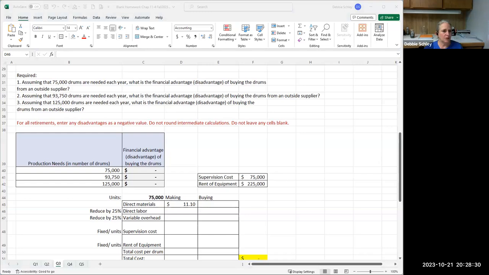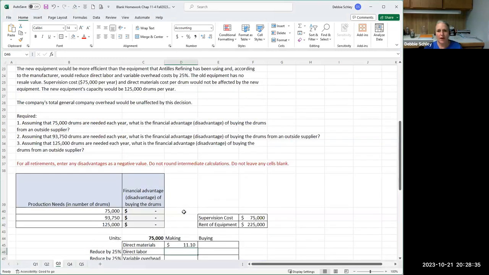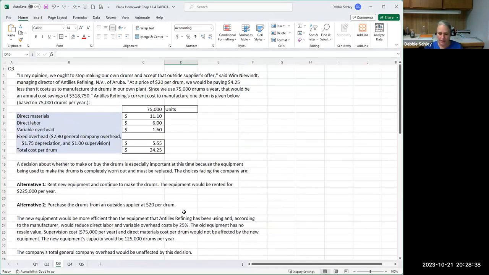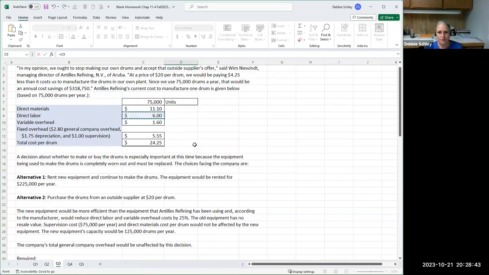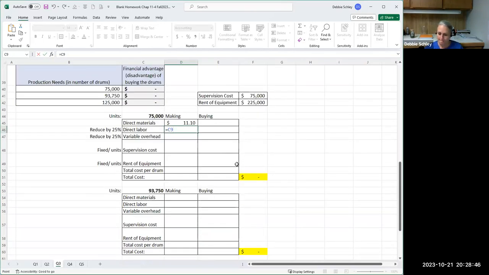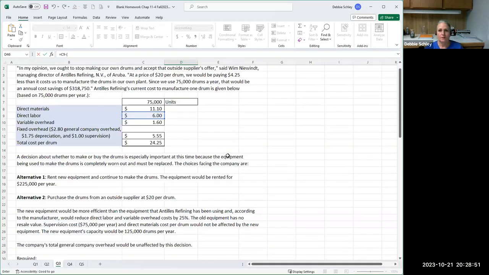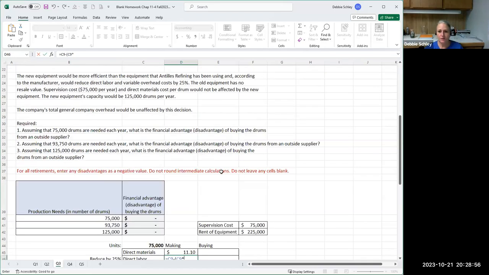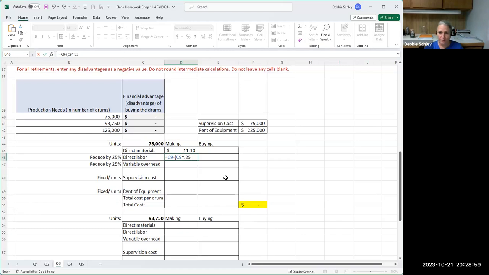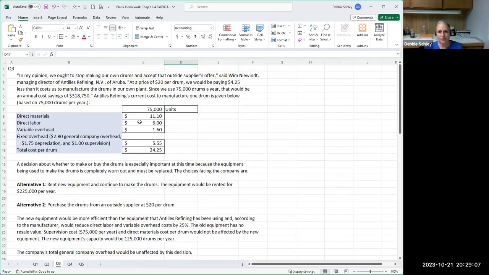Okay, so I need to do, okay, one way I can do this is say equals direct labor minus direct labor times 0.25 for 25%. Okay, so now it's $4.50 per unit instead of $6 per unit.